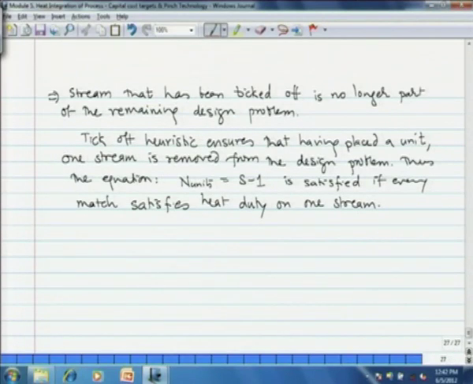The stream that has been ticked off is no longer the part of the remaining design problem, and thus the Tickoff heuristic ensures that having placed a unit, one stream is removed from the design problem, and then we achieve the target number of units equal to S minus 1.